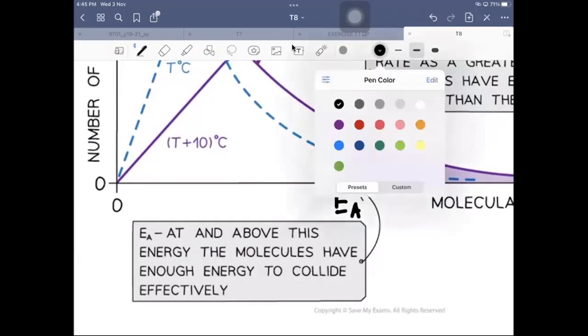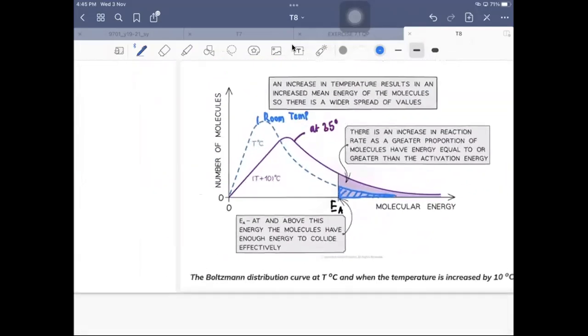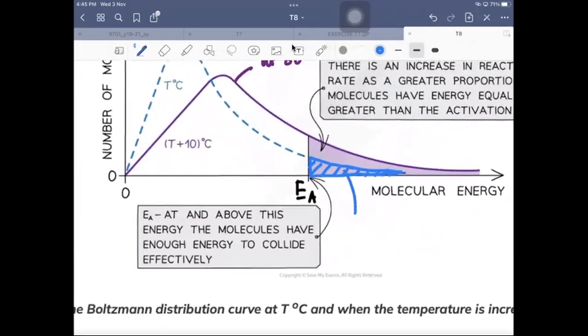If I look at the blue graph, the proportion of molecules that can result in a reaction and effective collision is this amount. Just that small part, right?